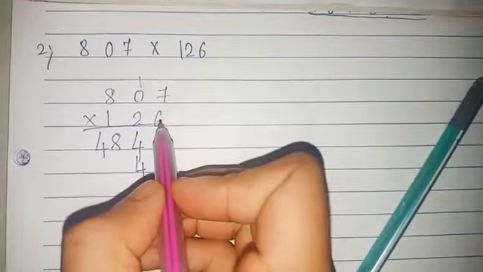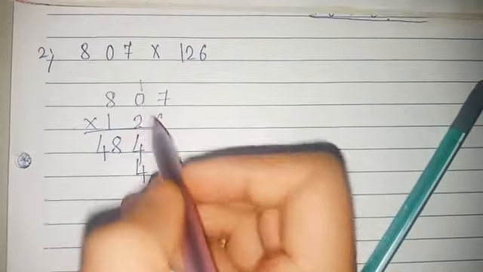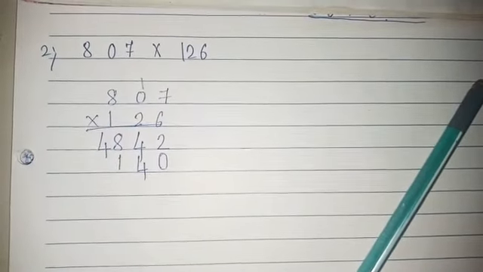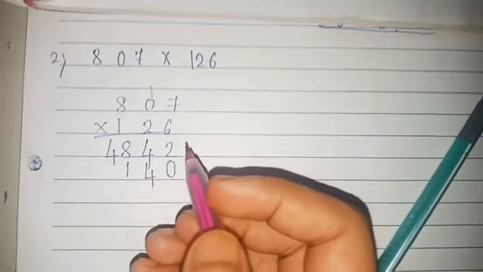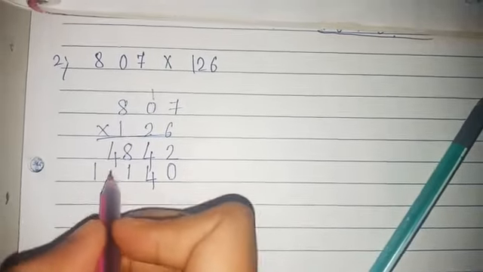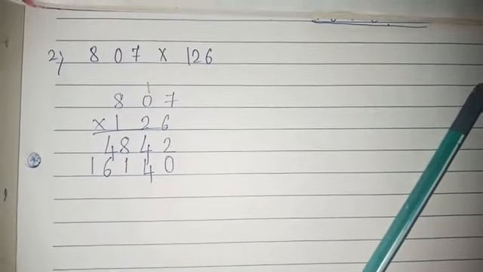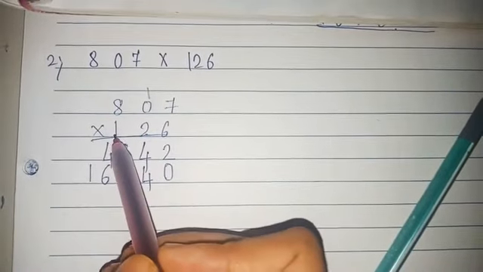Now 2 zeros will be 0 only, so I will write directly 1. Understood? Now 2 eights are 16. 1 6. Got it?